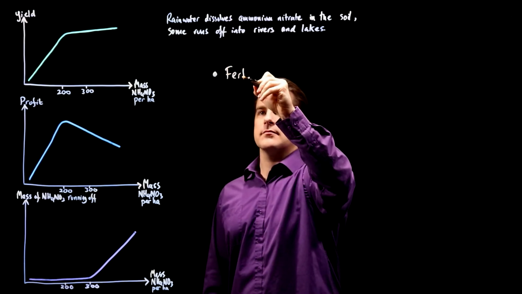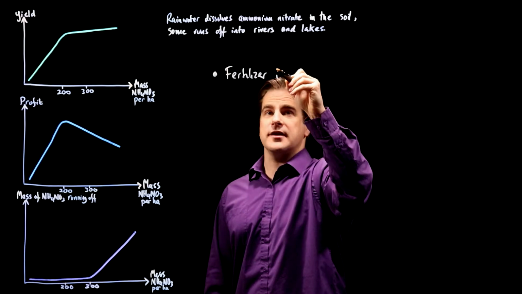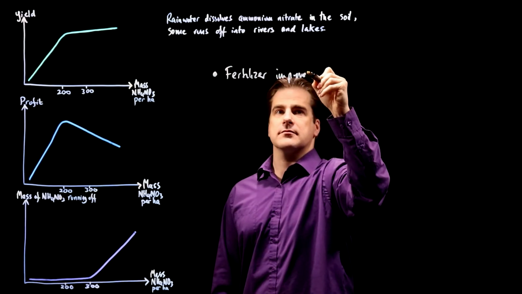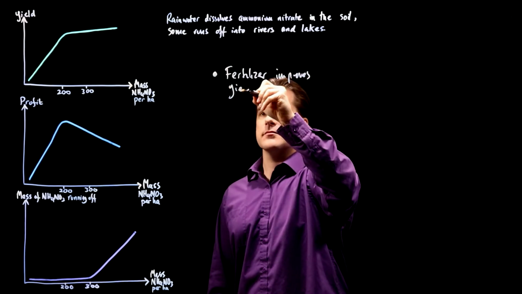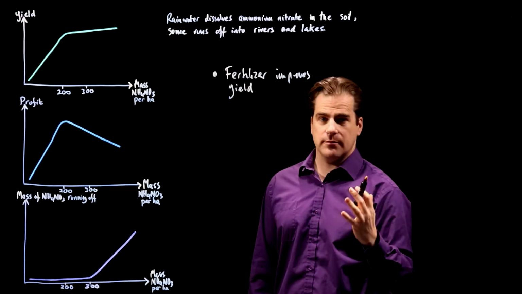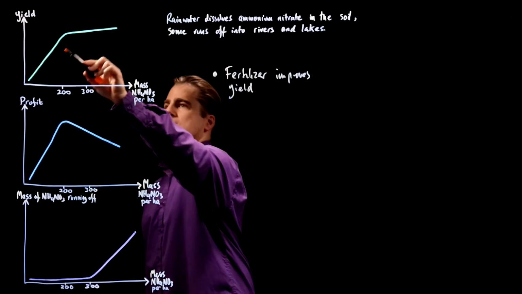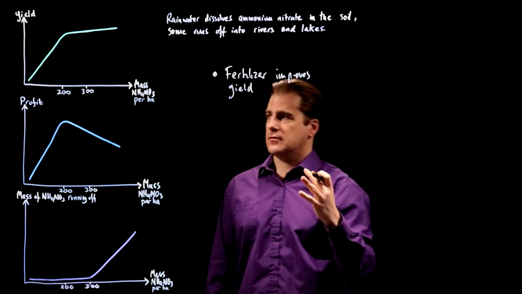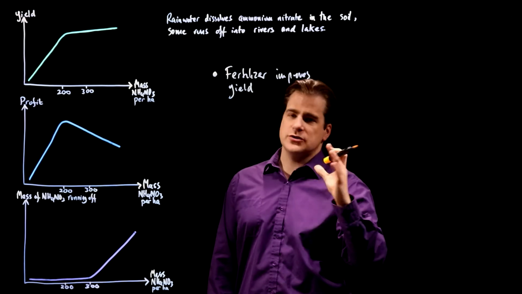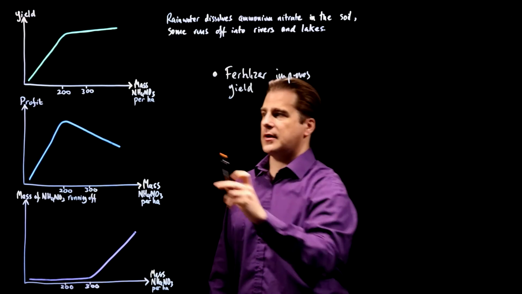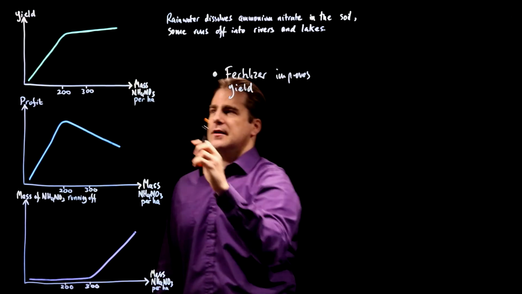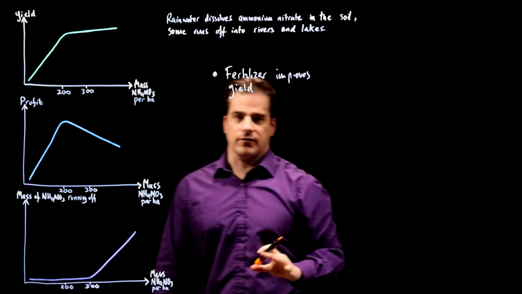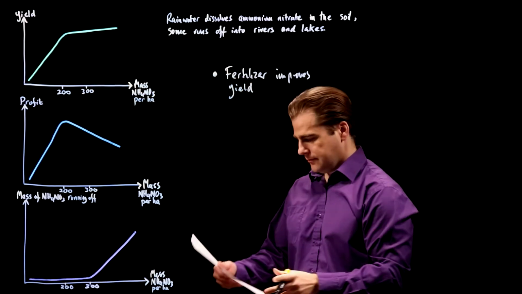Fertiliser improves yield. Okay? So the more ammonium nitrate you use, the higher the yield. You should already know that, but it is proven in this graph they've given you.